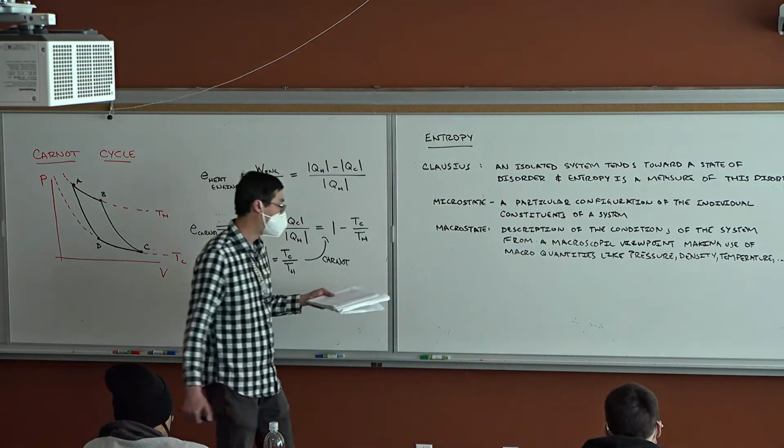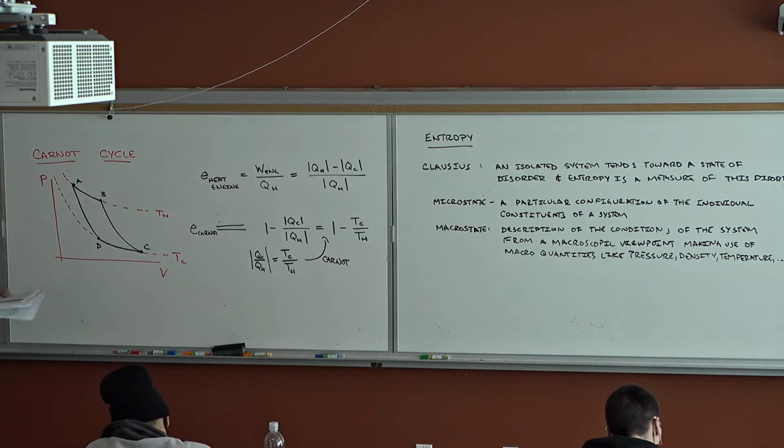So a particular microstate might be something like half the molecules, the air molecules in this room, are moving to the left with speed V naught and half are moving to the right with some speed V naught. That would be a very, very ordered way of arranging the air molecules in this room, right?